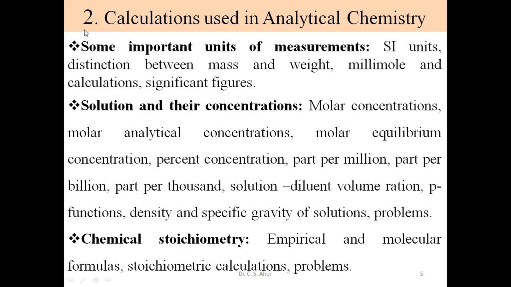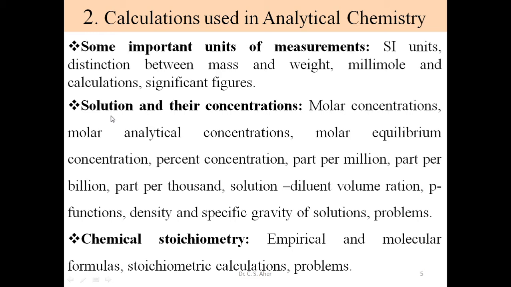Chapter second, calculations used in analytical chemistry. The first topic is some important units of measurement, that is SI unit, distinction between mass and weight, millimole, calculations and significant figures.